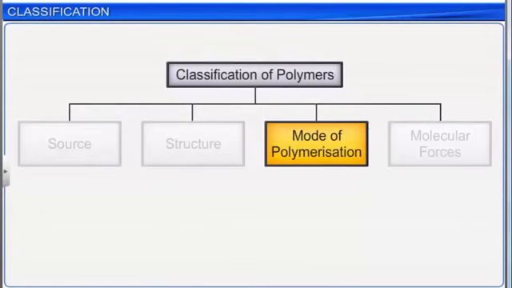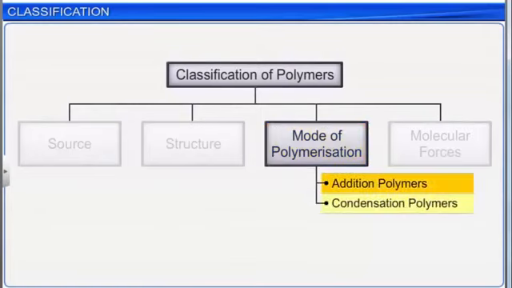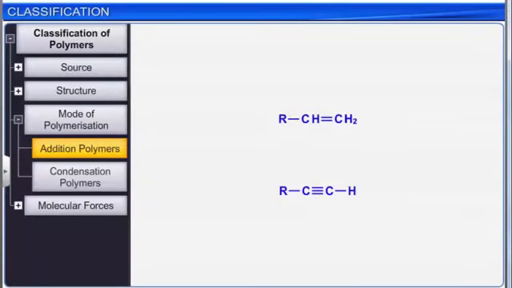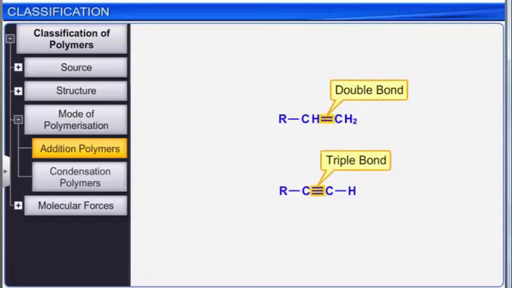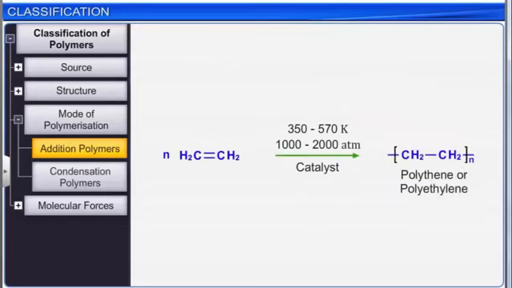On the mode of polymerization, polymers are classified into two categories: addition polymers and condensation polymers. Addition polymers are formed by the repeated addition of monomers containing double or triple bonds. The reaction involves breaking of pi bonds.